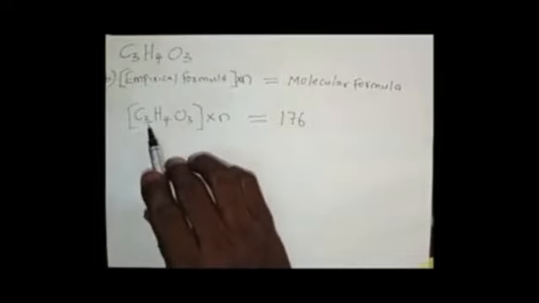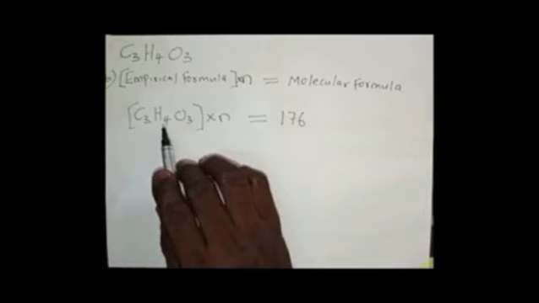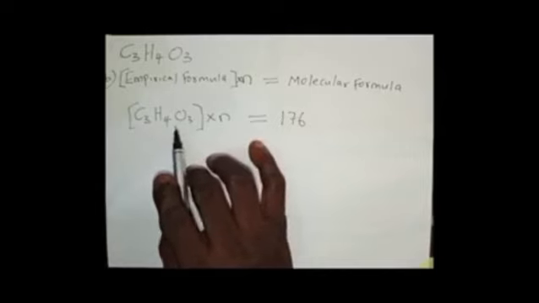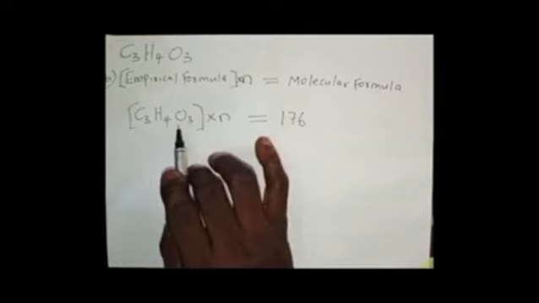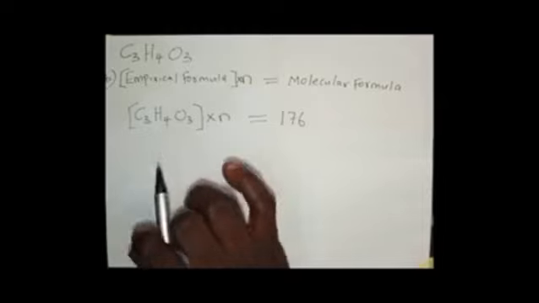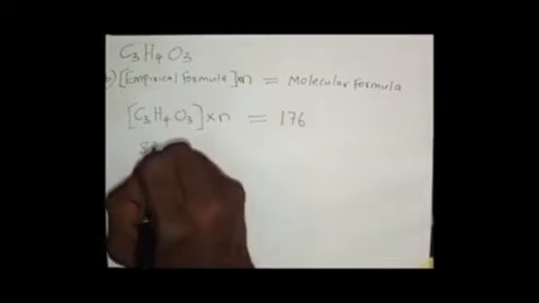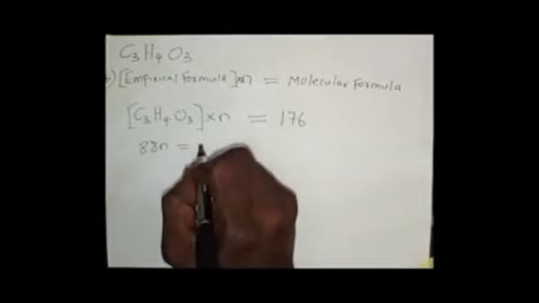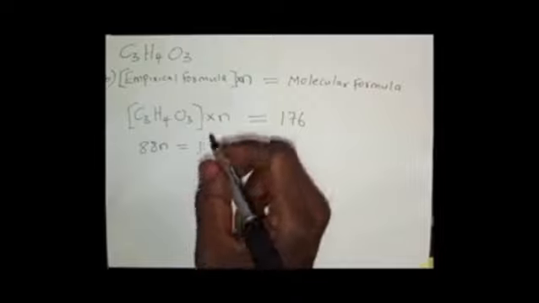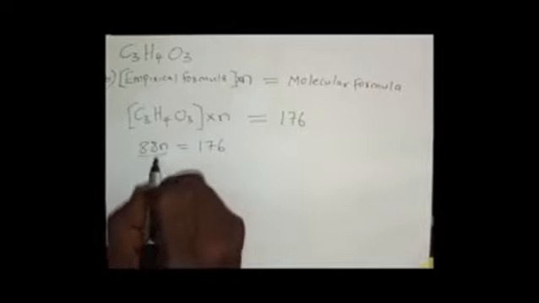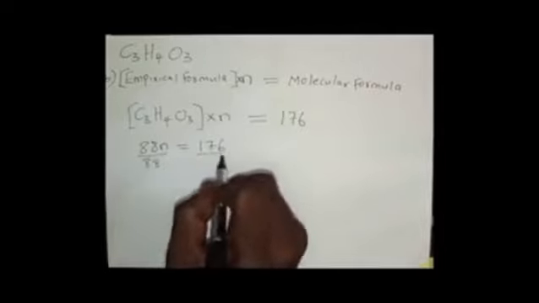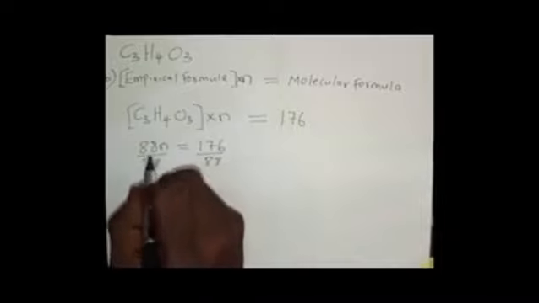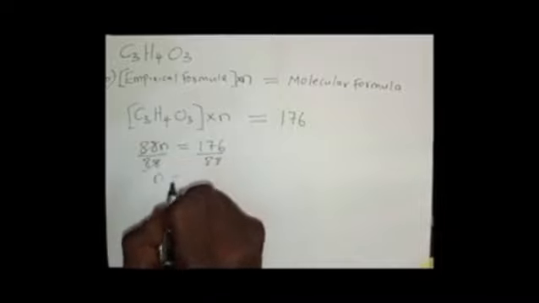So I'm adding 36 to 4, that's 40 plus 48, that gives us 88. So I have that 88 multiplied by N, which is 88N, is equal to 176. So let's get the value of our N, dividing both sides by 88. So we're going to have that the value of our N here is equal to 2.